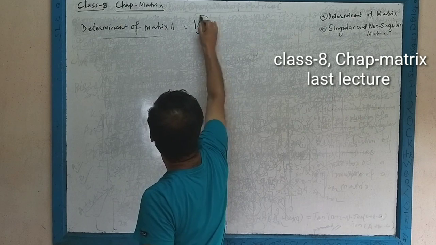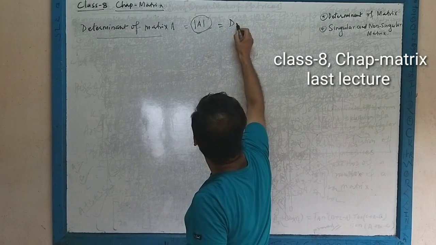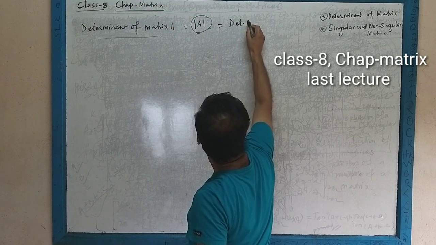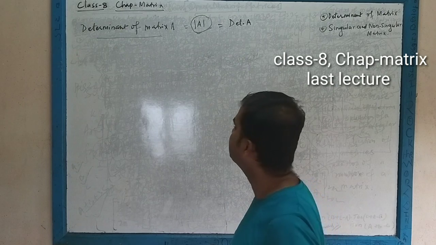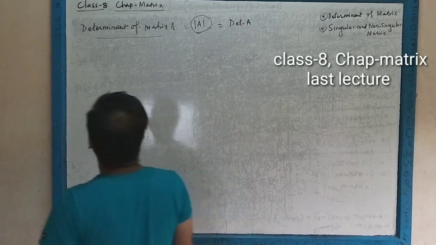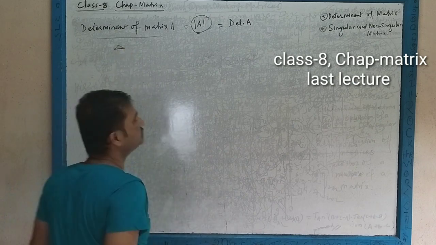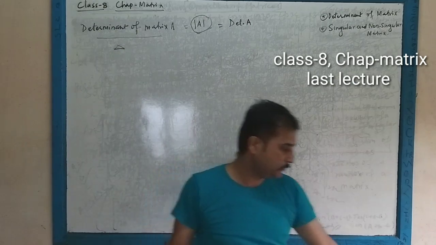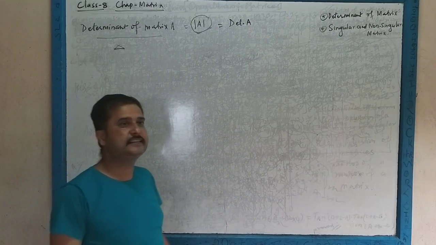This is called the determinant of matrix. Or in shortcut, you can write DET, determinant of matrix A. We use delta also. So, what is determinant of matrix A? Determinant of matrix A is the value of the matrix.